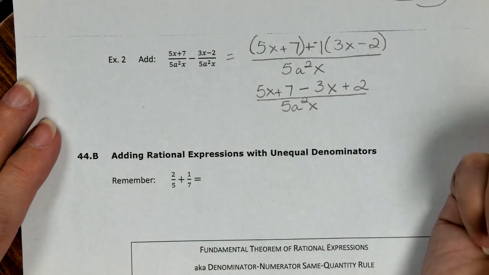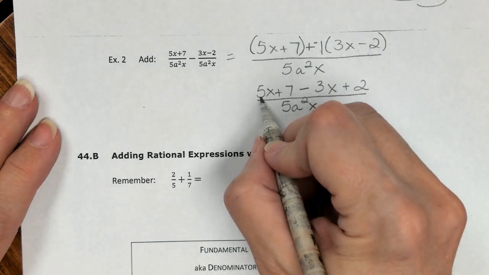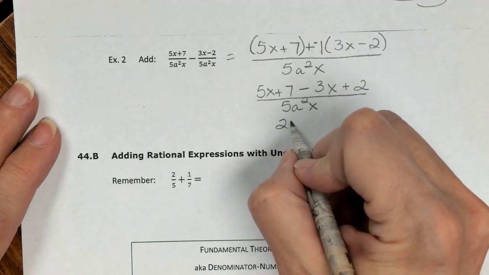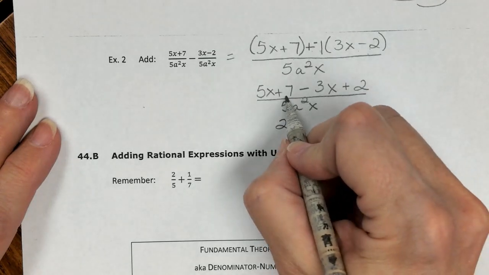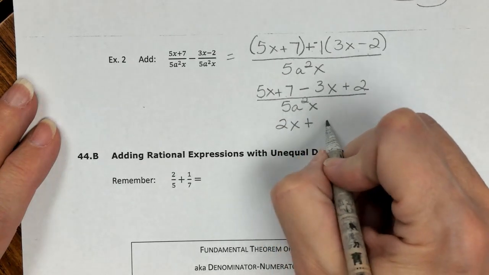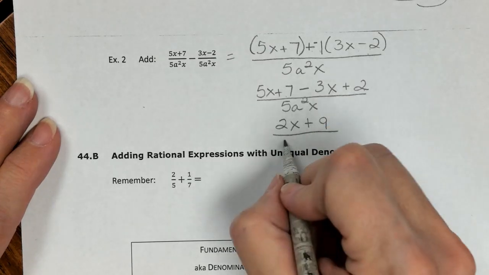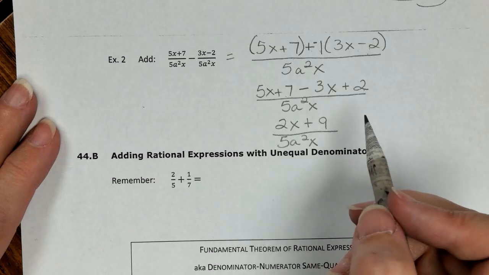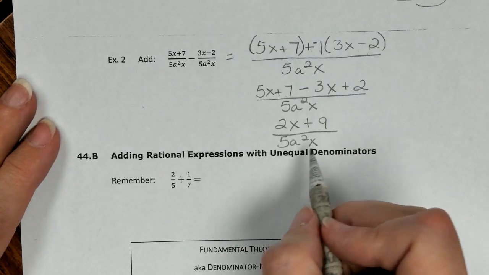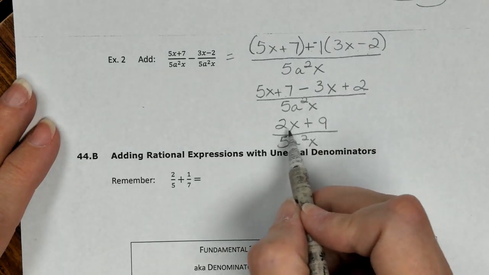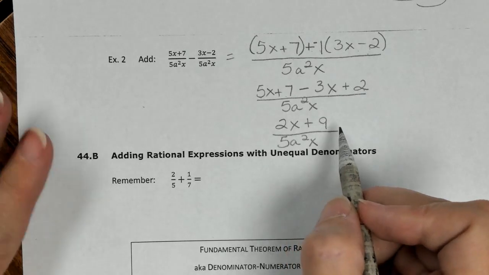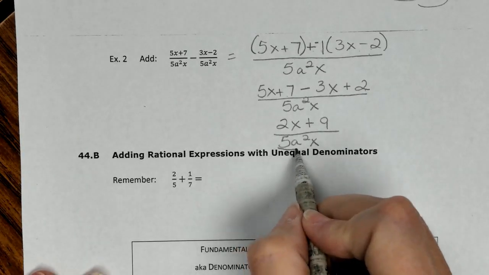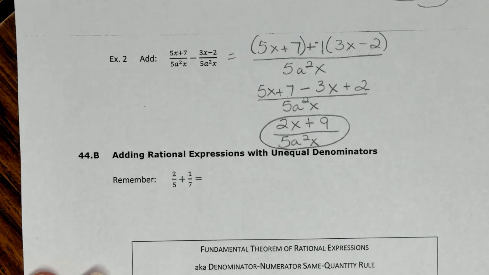And then we add like terms. 5x minus 3x is 2x, positive 7, positive 2, 9, over 5a squared x. This won't reduce either. There is no common factor for the 2x and 9 for us to factor out and attempt to reduce it, so we're done. That's it for part A.